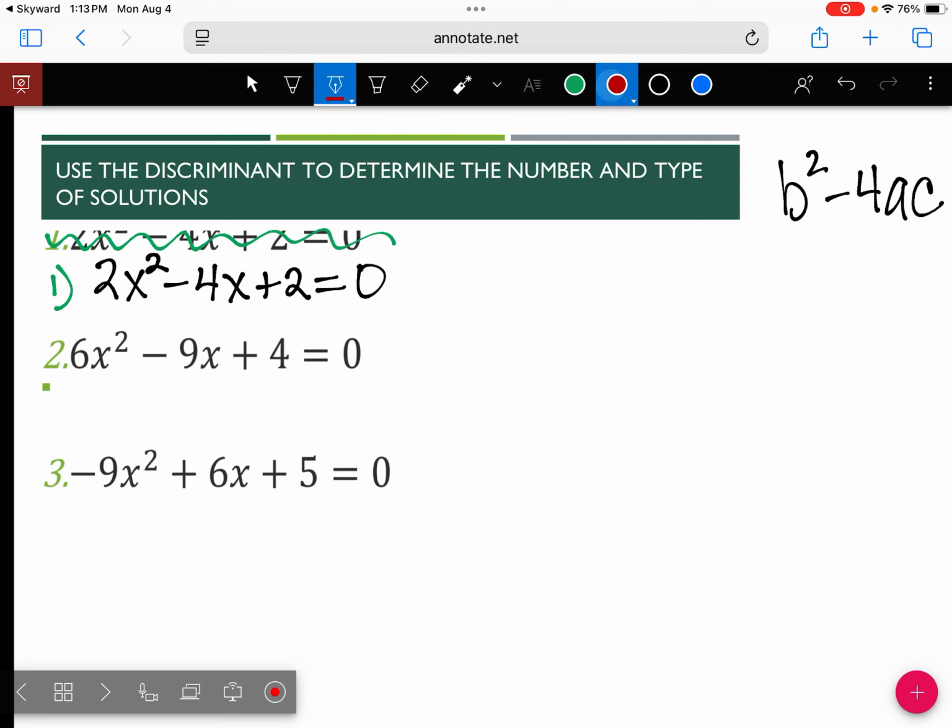So for the first one, we have A, B, and C. I cannot stress to you the importance of this, it's the most common mistake.